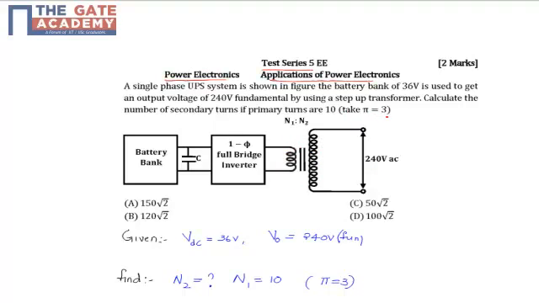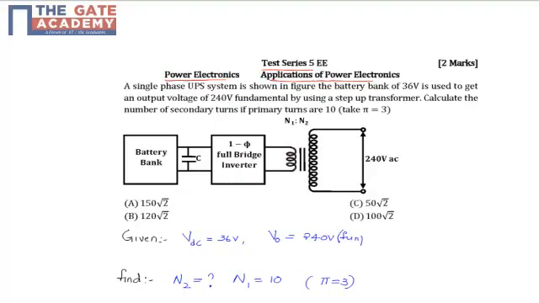We have to calculate the number of secondary turns if the primary turns are 10, the output voltage is 240 volts and the input voltage is 36 volts.